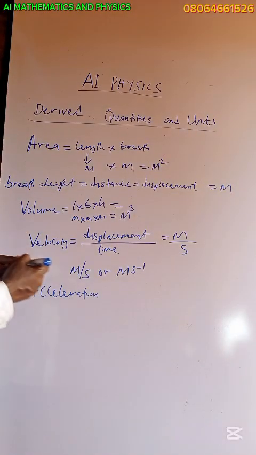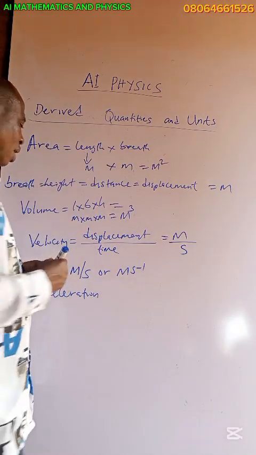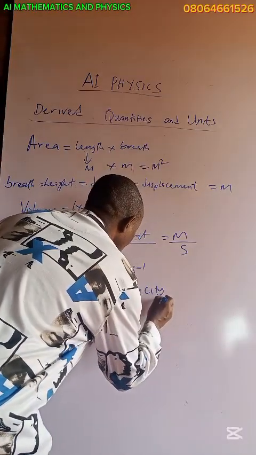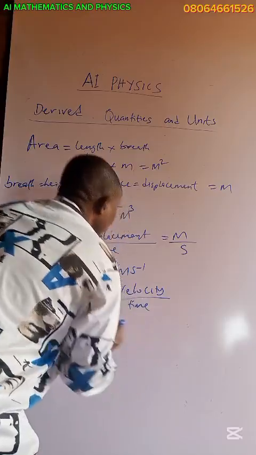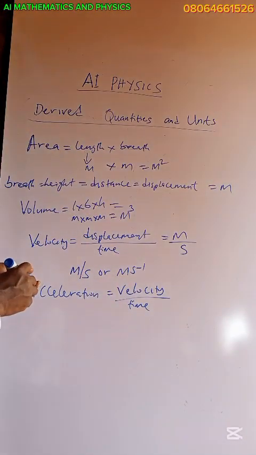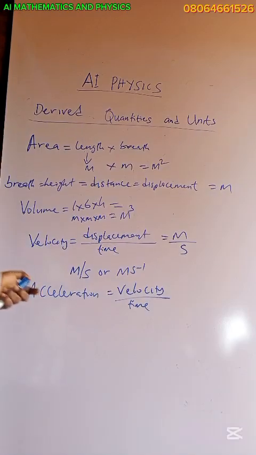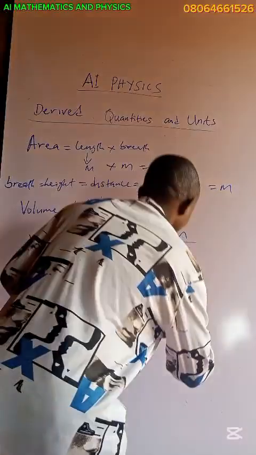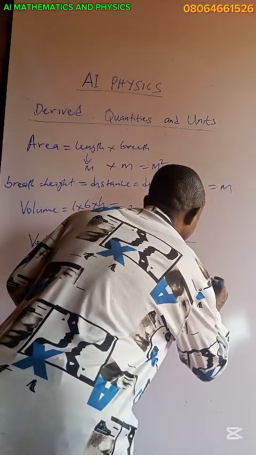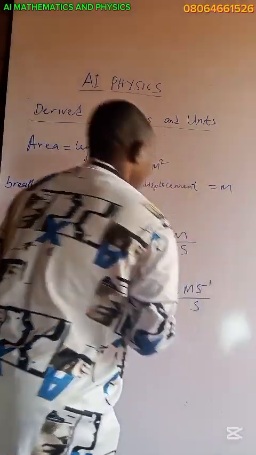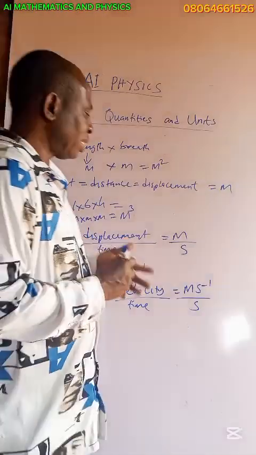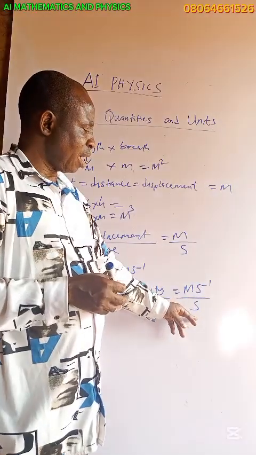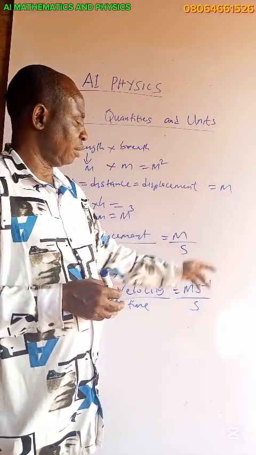Then we have acceleration. Acceleration is just velocity over time. You can see that velocity has been derived already, which is meter per second. You have it here, meter per second over seconds. But we want to bring these seconds together. Either this one comes here or this one goes there.